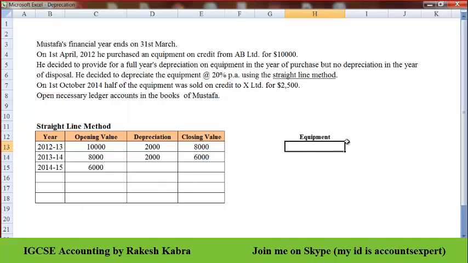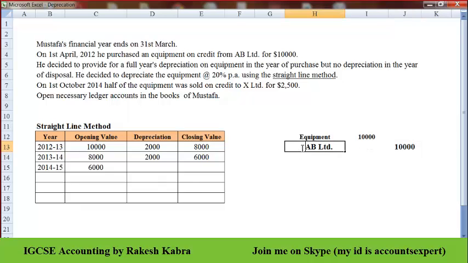Equipment will be debited, and how much amount? $10,000. And he bought the equipment on credit basis from AB Limited, so now he needs to pay money to AB Limited. AB Limited is a liability now, so increase in liability, credit AB Limited. This is the vendor, so 10,000.